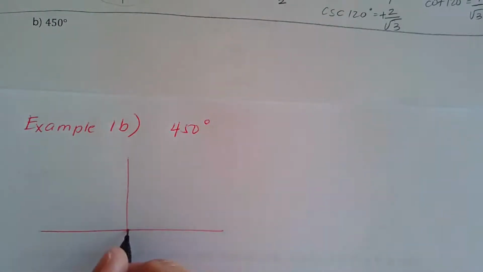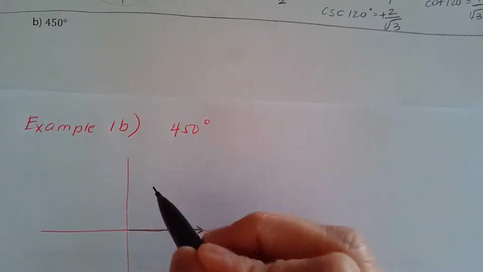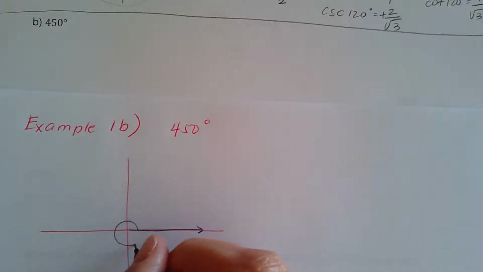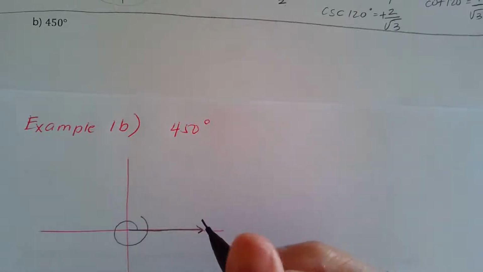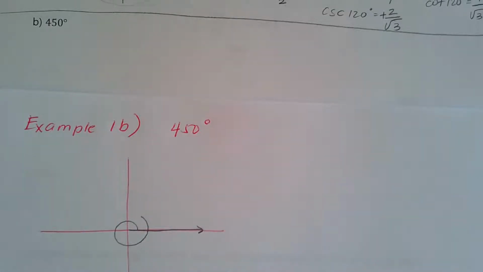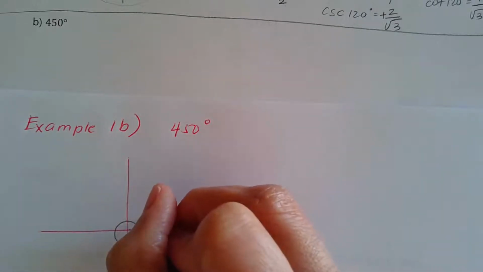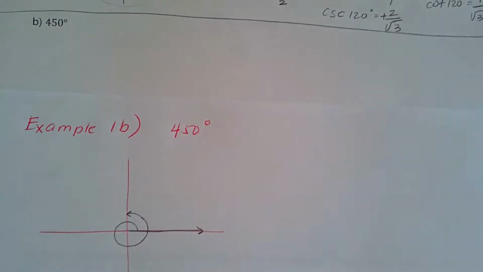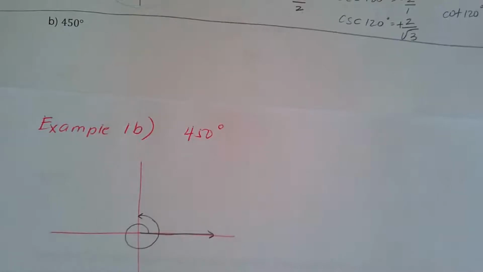This is my initial arm, and if I go all the way around, that's going to give me 360. But then I have to do a bit more to get to 450. So how much more do I need to go? 450 minus 360. I need to go 90 degrees more.